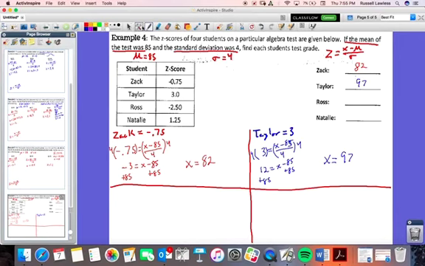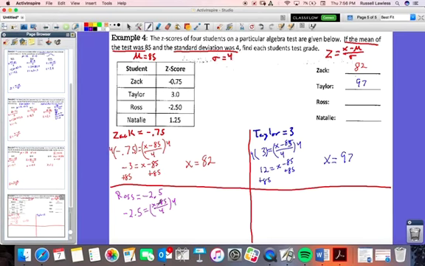That was good. So now we've got 2 more people. Now I'm going to look at Ross, and Ross got a negative 2.5. What do you think that's going to be for his score? That's right, he didn't do so hot on this test, and that's my prediction. We'll see how well he did. We're going to set this negative 2.5 equal to x minus 85 over 4.